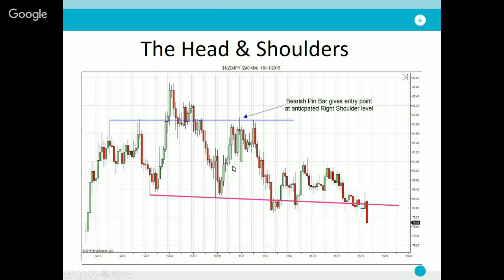So once price starts turning higher from this point, I'm then monitoring the level of the left shoulder, waiting to get a price action signal. And you can see in this instance here, we traded up, got our bearish pin bar. And so we're able to get short here on the break of the pin bar low. And the beauty here is that, again, we're in with much tighter risk. So our stop goes above the head in this instance, and we're playing for a break of the neckline.